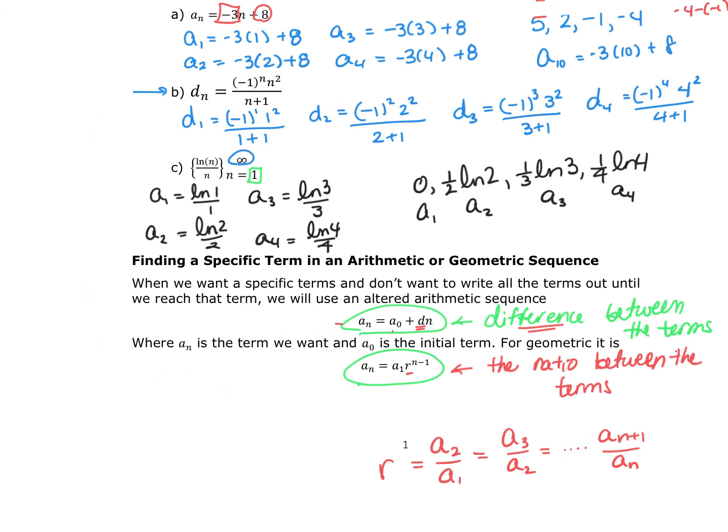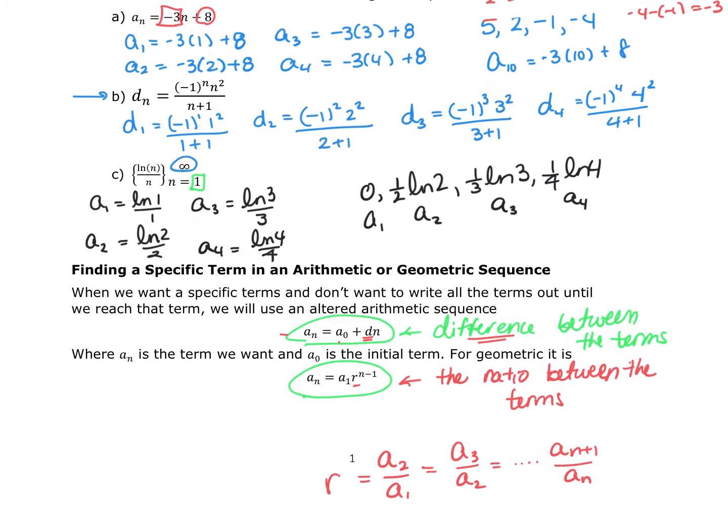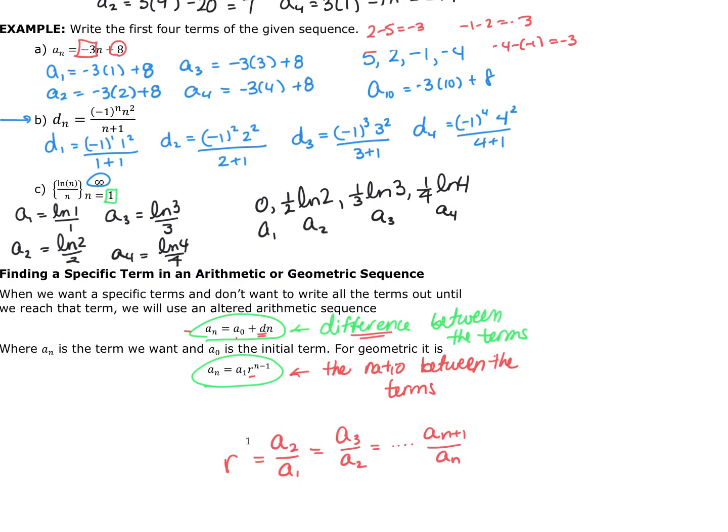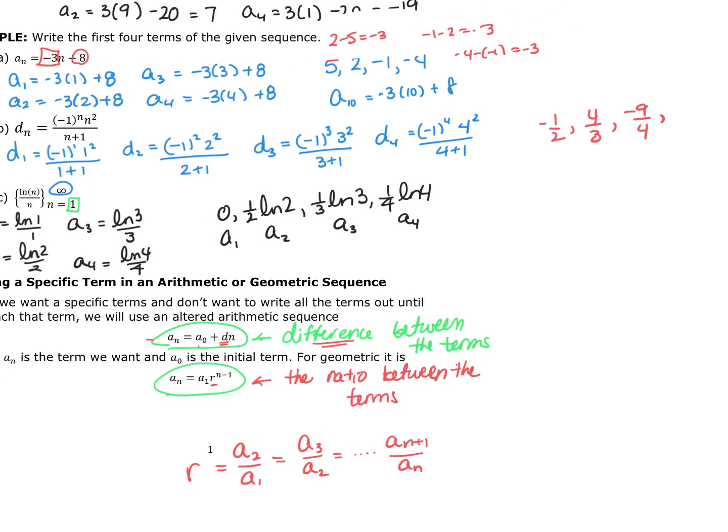All right. So then my geometric. Now, if I look at my first four terms, which of course I erased, I had negative 1/2, and then 4/3, and then negative 9/4, and then the next one was 16/5. Now, let's see if this is a geometric. I can tell you that the difference is not the same between them, just by looking at it.